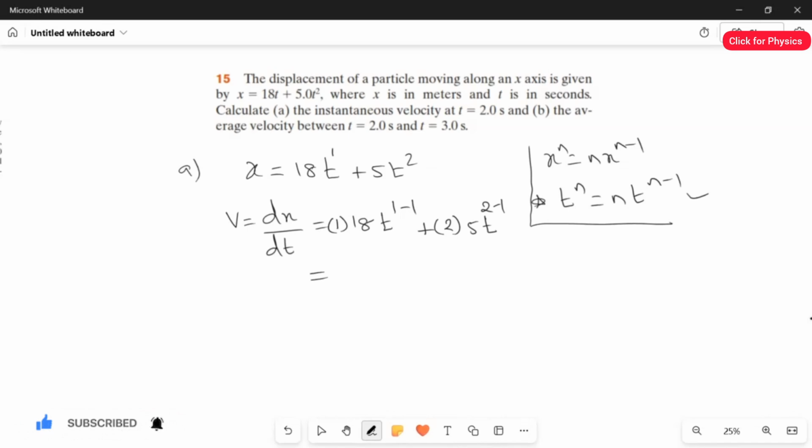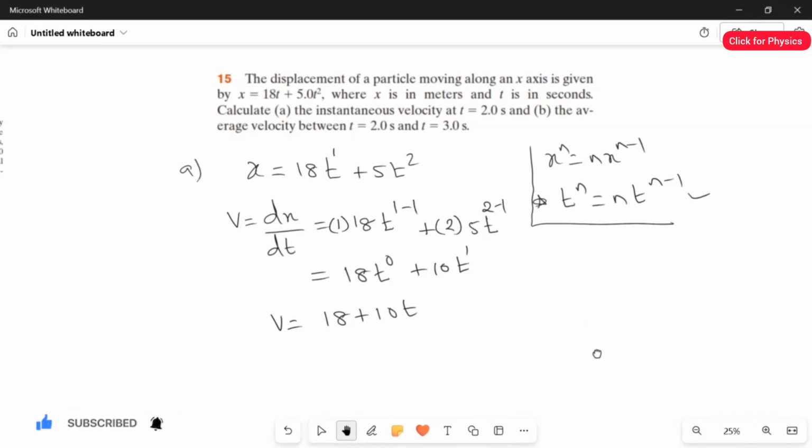So 18 multiplied by 1 is 18, and t power 0, because 1 minus 1 becomes 0, plus 2 multiplied by 5 is 10, and t power 2 minus 1 is power 1. So t power 0 is 1. Finally we get the instantaneous velocity v equal to 18 plus 10t. This is the answer for the instantaneous velocity. But now we have to find the instantaneous velocity at a time t equal to 2 seconds.